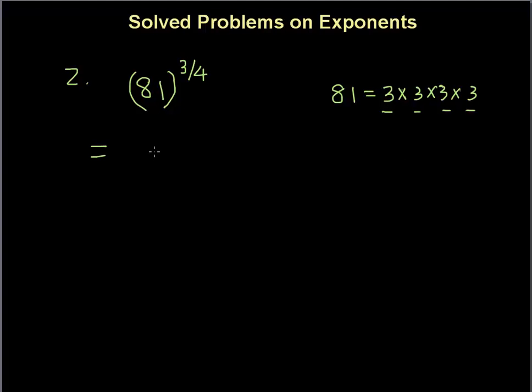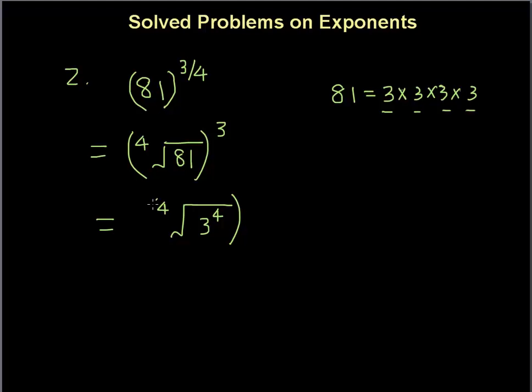I can write it as the fourth root of 81, with a bracket, and put the 3 here. The next step, you can rewrite it the same way, fourth root of 81, but in place of 81 you can put 3 to the power 4, because you know that 81 is 3 to the power 4.